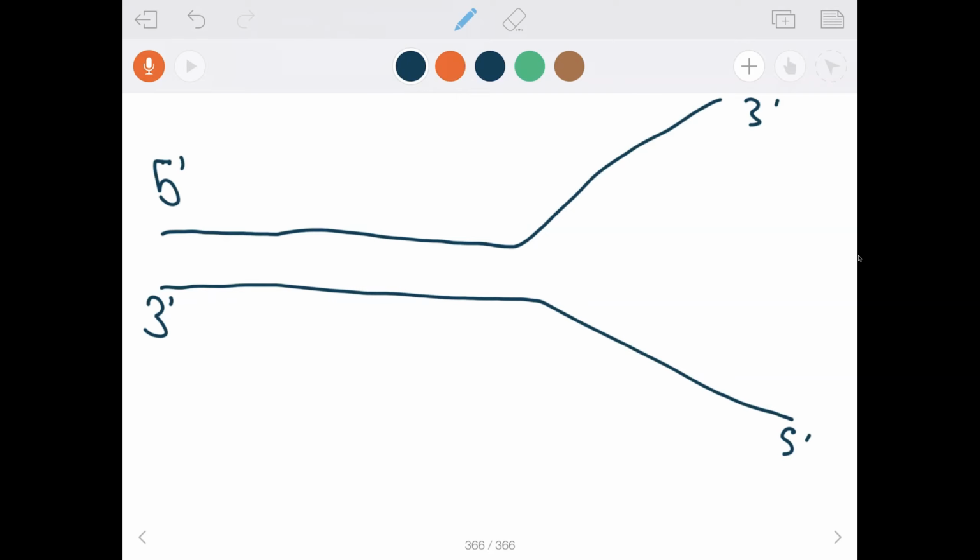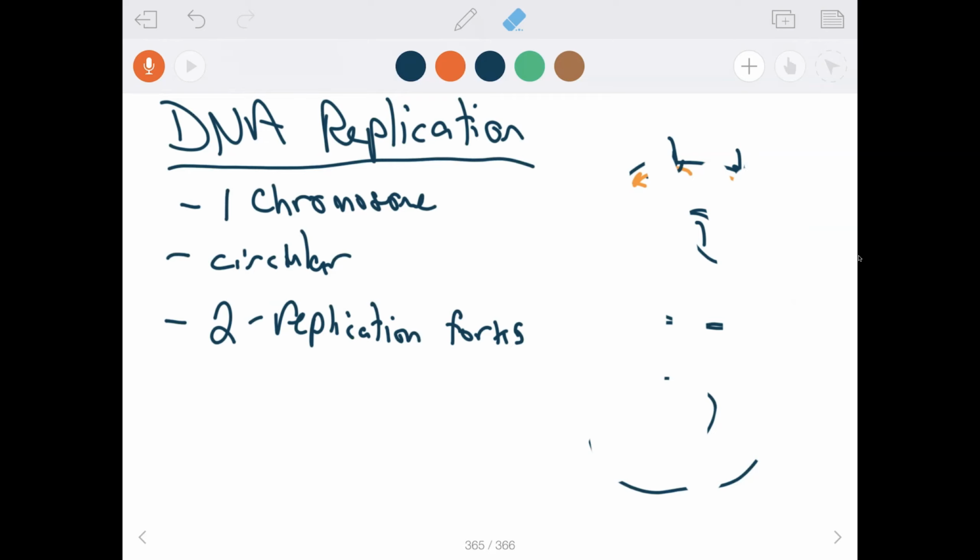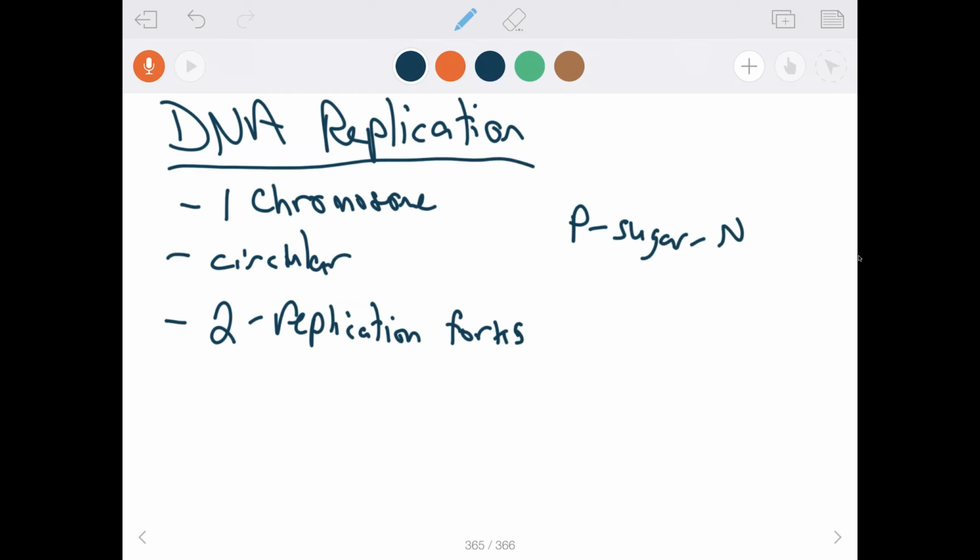So before we even start replication, let me remind you what the structure of a nucleotide looks like. Okay, you have a phosphate backbone, you have a sugar, and then a nitrogenous base, like adenine, guanine, cytosine, thymine.